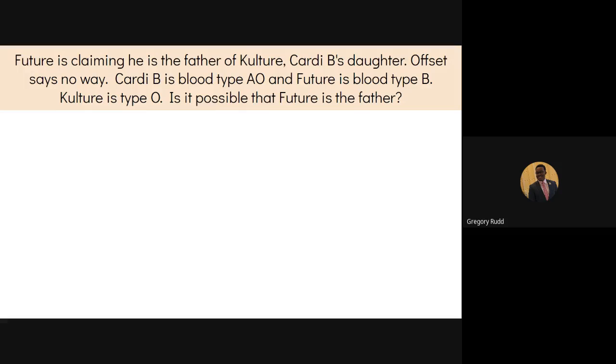Okay, so we've got a lot of different stuff going on here. We know Cardi's blood type is AO. That's her genotype. Future's blood type is B. We don't really know much more beyond that.